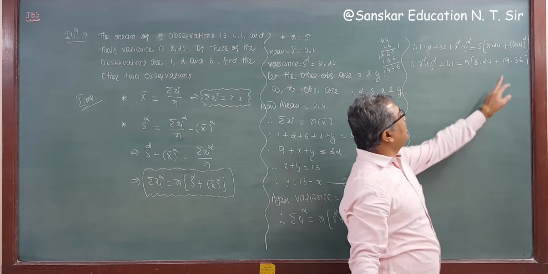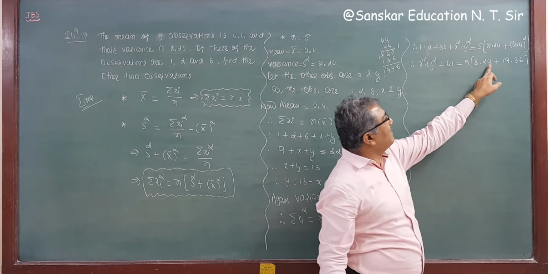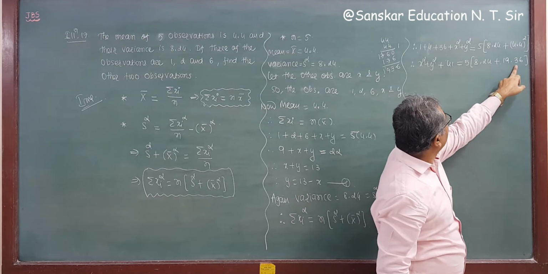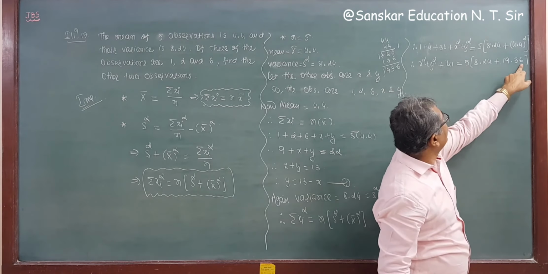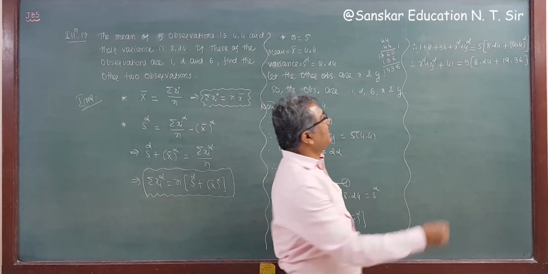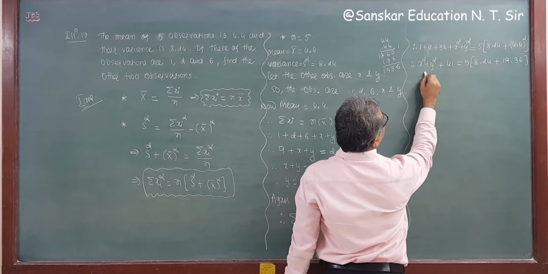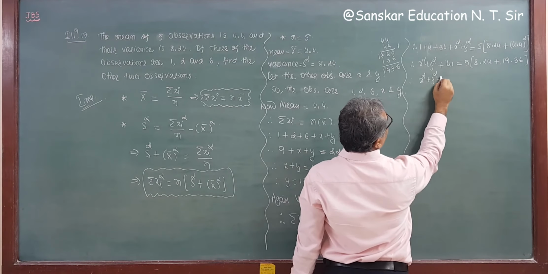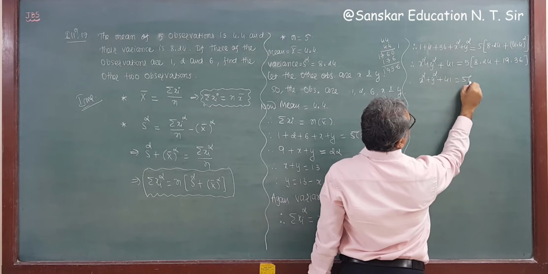So 8.24 plus 19.36 is 27.60. So x square plus y square plus 41 is equal to 5 into 27.60.